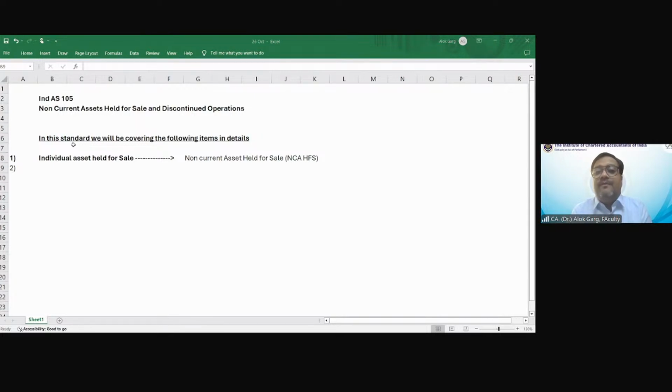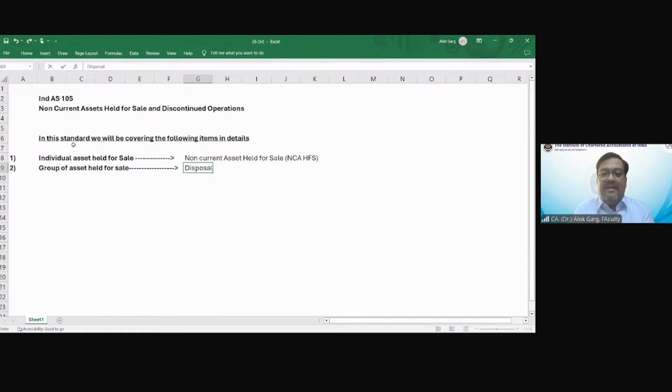It is a group of assets held for sale. Friends, whenever it is a group of assets held for sale, this will be known as a disposal group.